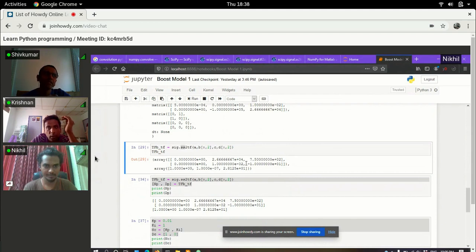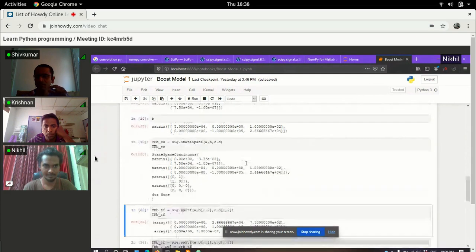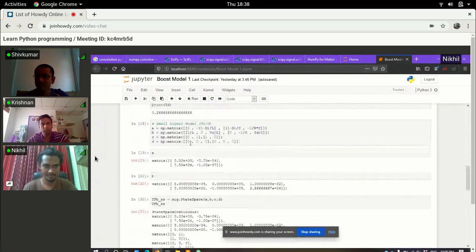So from what I see, because your C is 2 by 2, it's like Y is equal to Cx, what is the formula? C into sI minus A inverse into B, right? So if your C is 2 by 2, that is setting the number of rows of your resulting transfer function.